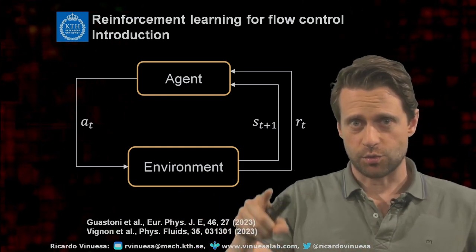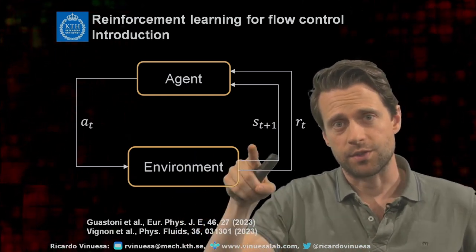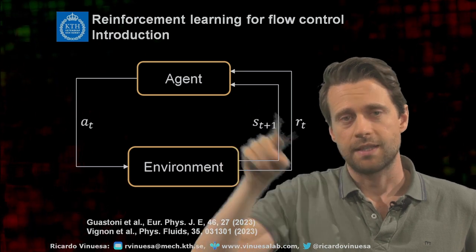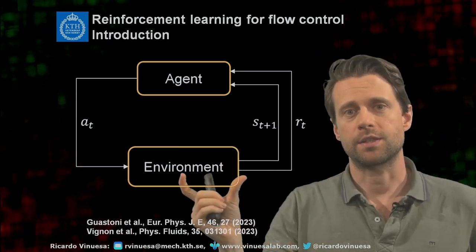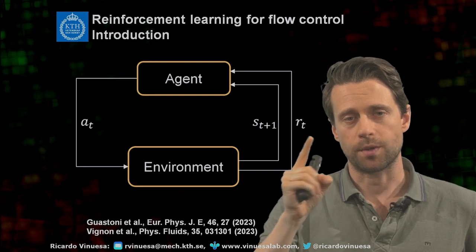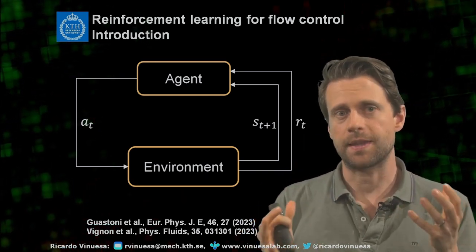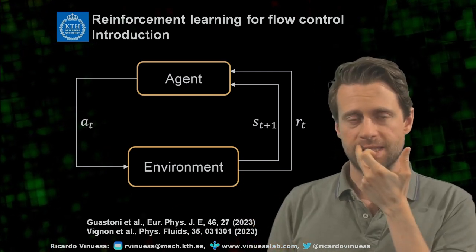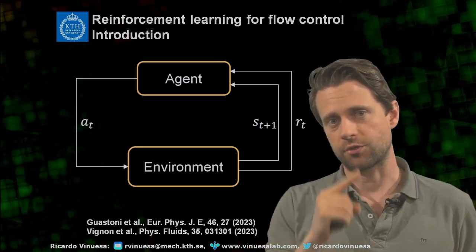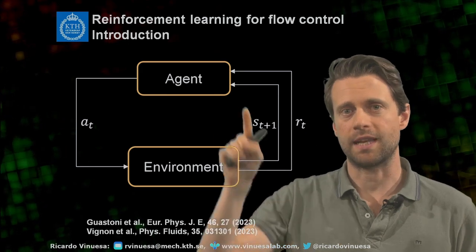Those actions change the state of the environment, so this state will be updated, and at the same time the environment also provides what is called a reward. The reward is a measure of the quality of those actions under a particular norm. So in our case, if we want to reduce the drag, then the drag reduction will be the reward that the agent will get.